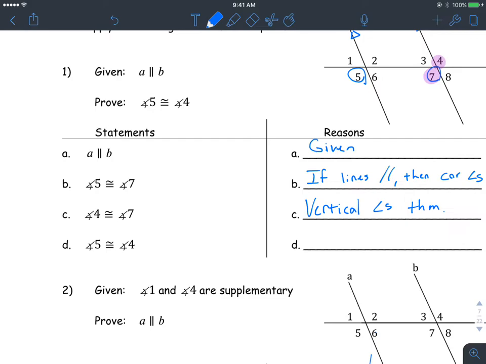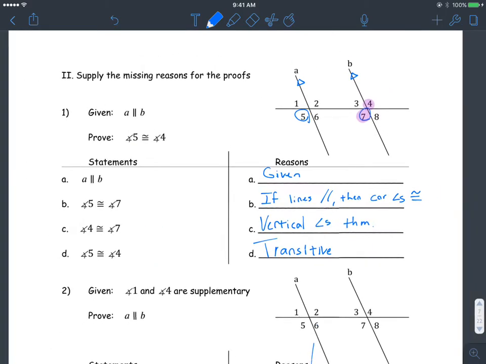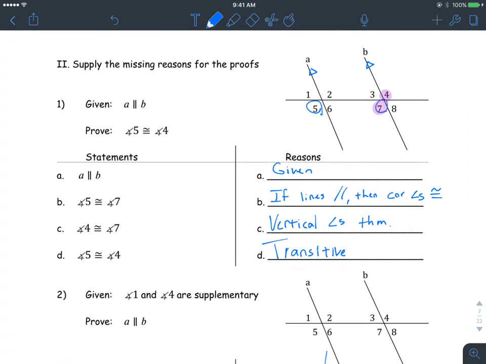We got 5 is congruent to 7. 4 is congruent to 7. So therefore, 5 is congruent to 4. We call that the transitive property. When you're jumping to different conclusions, or essentially just setting everything equal to one another. So we essentially just proved the alternate exterior angle theorem, based off all that information.